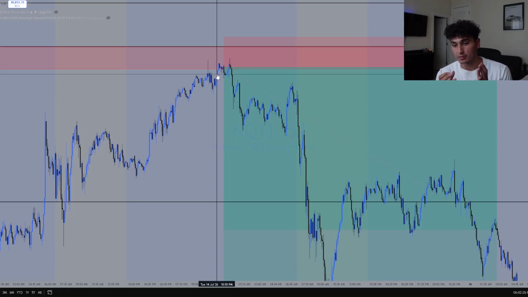There is a story behind every single candle. And when I say story, there is a buyer or a seller behind every single candle. And depending on the size of that candle, depending on the size of that move, that will determine how strong those buyers or how strong those sellers actually were within that specific time period.